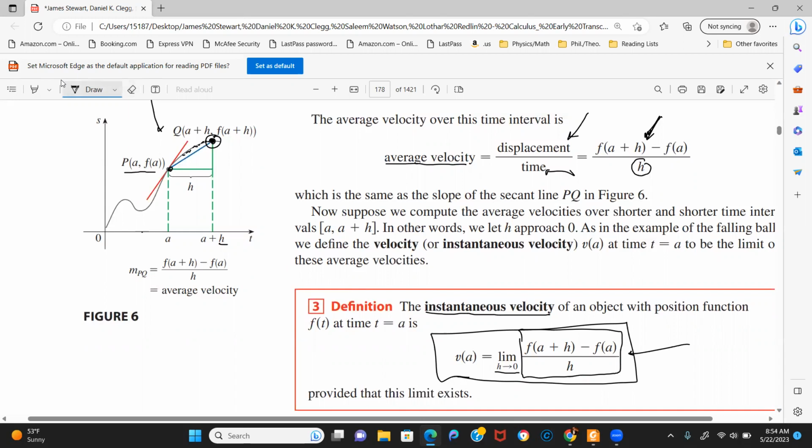Motion of physical objects is continuous, at least, and in fact, it's actually differentiable. The position is going to be not only a continuous function, but a differentiable function if you're talking about the motion of a physical object.